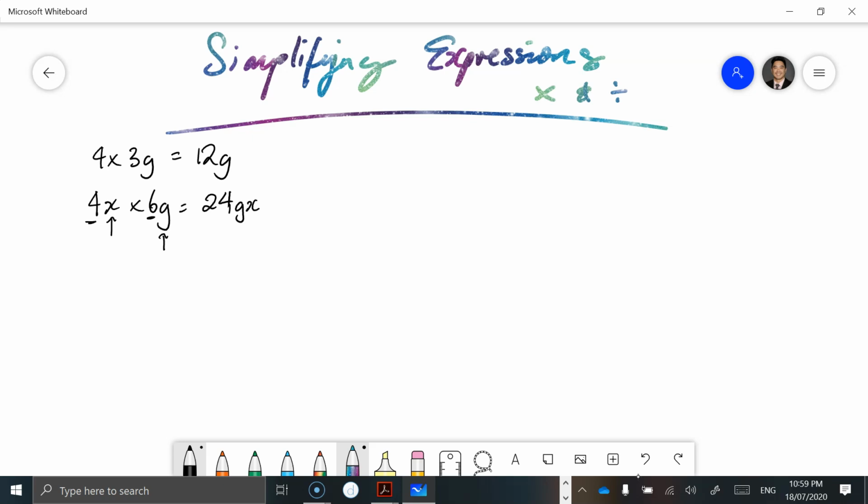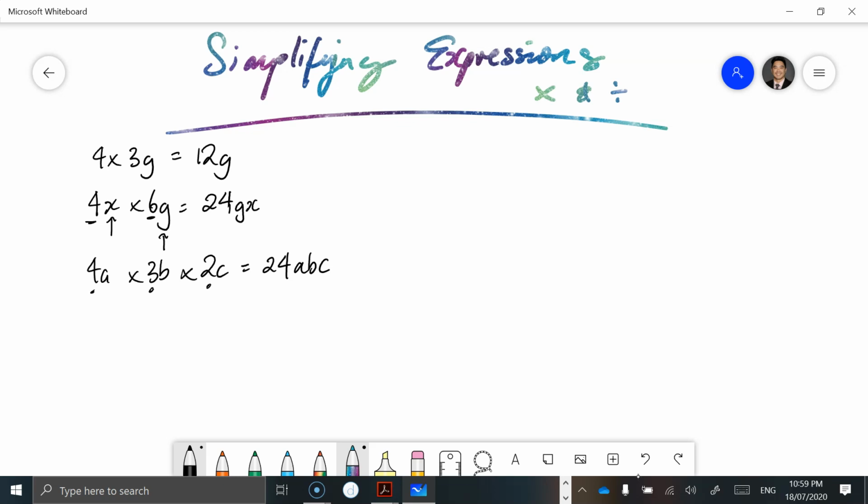Okay, so then if I had 4a times 3b times 2c, exactly the same thing. Multiply your coefficients. So 4 times 3 is 12, times 2 is 24, and then a times b times c is just abc. All put together.